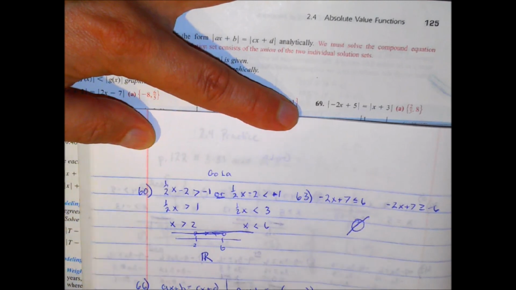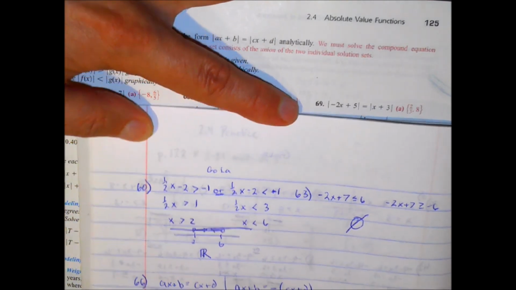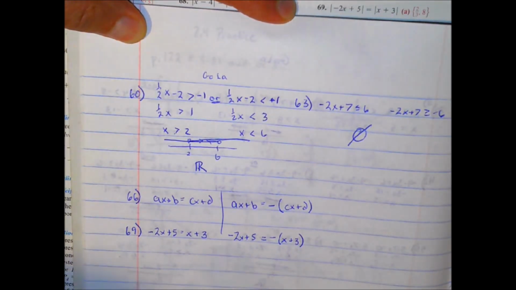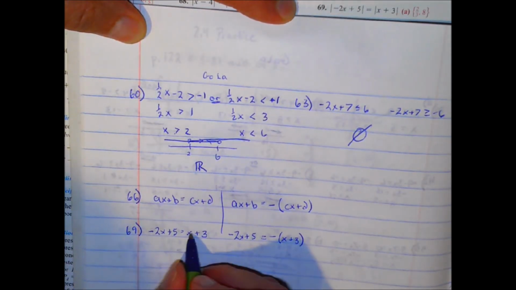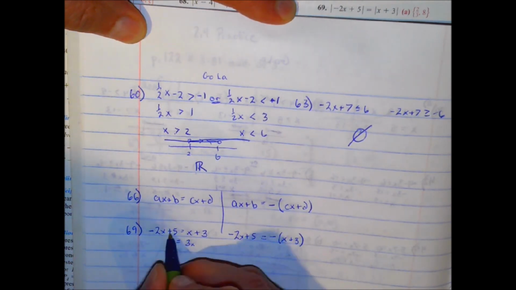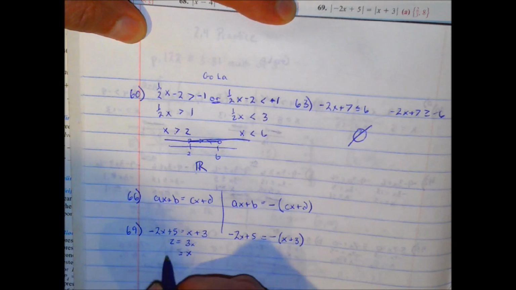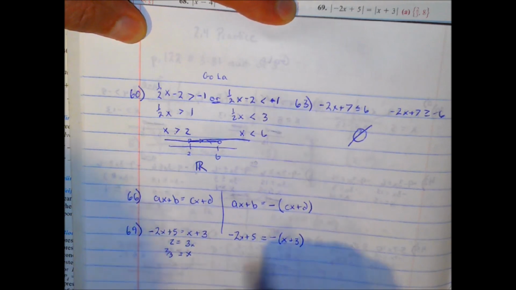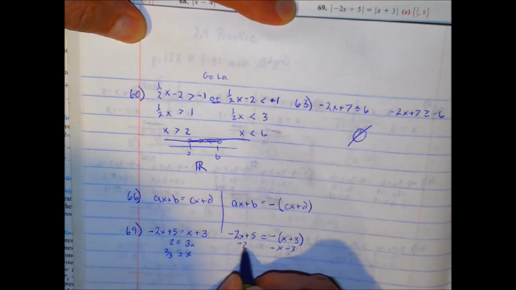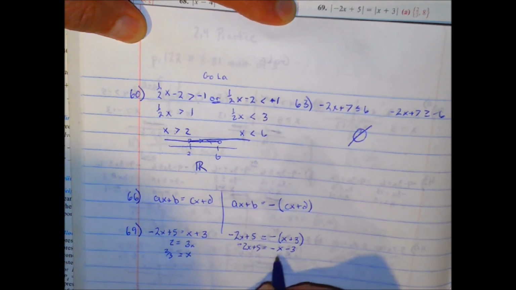So I'm going to add that over, subtract that over, and that gives me my answer, 2/3. And that would be negative x minus 3. And if I add that over and add that over, we get 8 and 2/3 are the two answers.